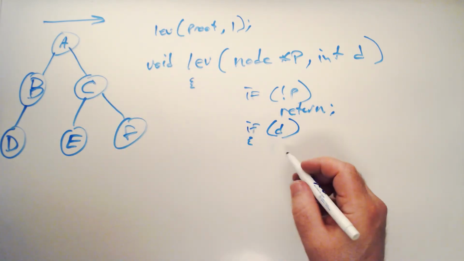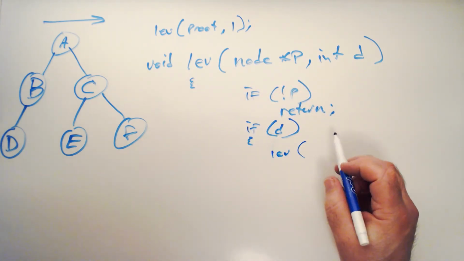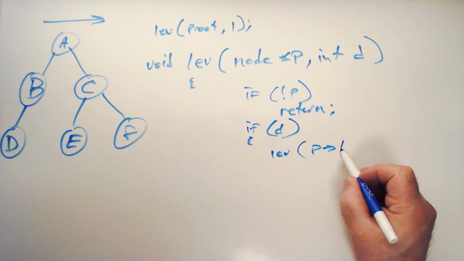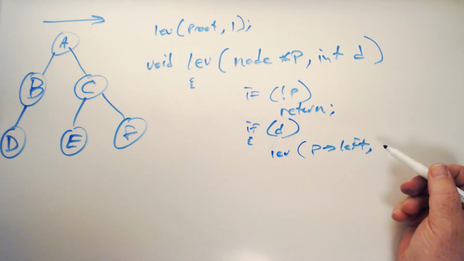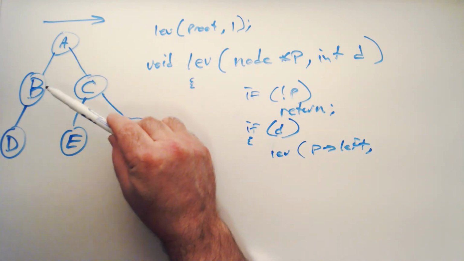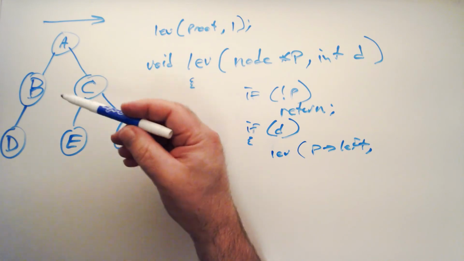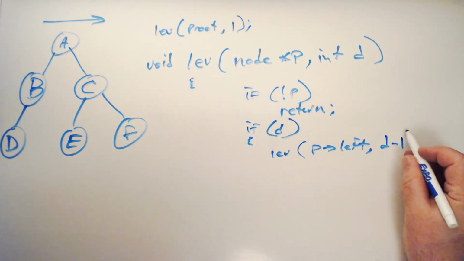How do we get down there? Well, we're going to call level traverse for P left, and we're going to say, I want to print the node values out at depth D minus 1.